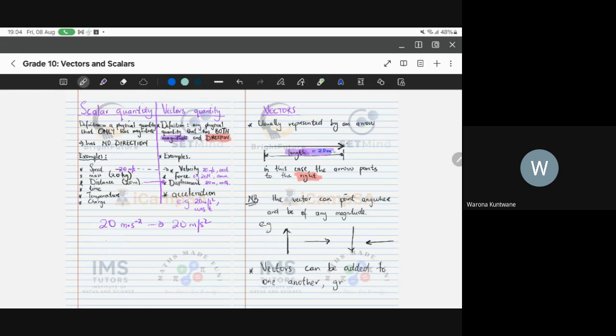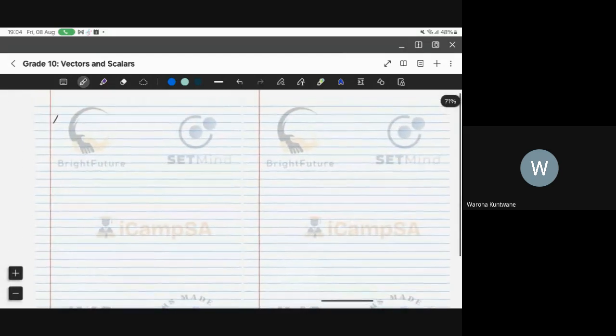Either graphically, I'll show you what that means as well, or algebraically. I hope this spelling of algebraically of mine is correct. It looks fine. If you're into English and all that, please check my spelling there. But other than that, we should be fine.